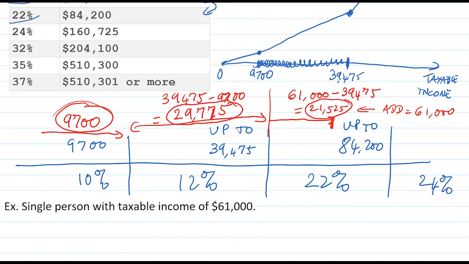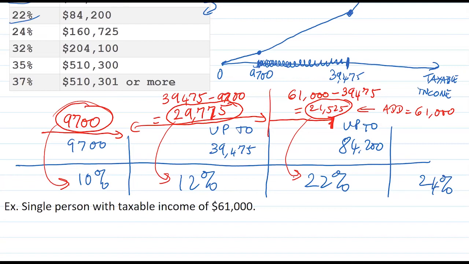And then if there's some extra, whatever fits in the next bracket, and then you compute. So 9,700 times 10% for the lowest bracket, 29,775 times 12% for the next bracket, and then 21,525 times 22% for the third bracket, and then you have the total tax. That's the visual approach.